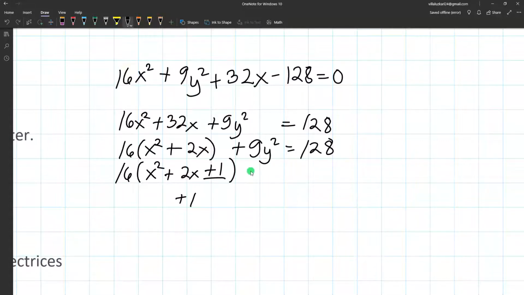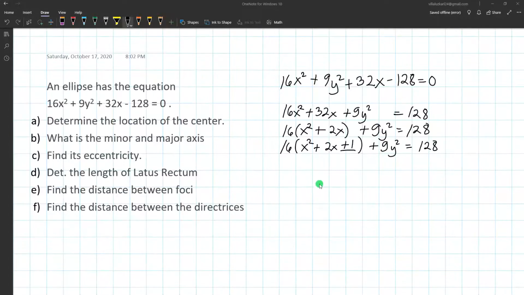Then just copy 9y squared equals 128. Since we introduce positive 1 by completing the square, we should multiply this by 16, because it is within the grouping of x squared plus 2x. Since we factored out 16, 16 times 1 is 16, which shall also be added on the right hand side of the equation, positive 16.